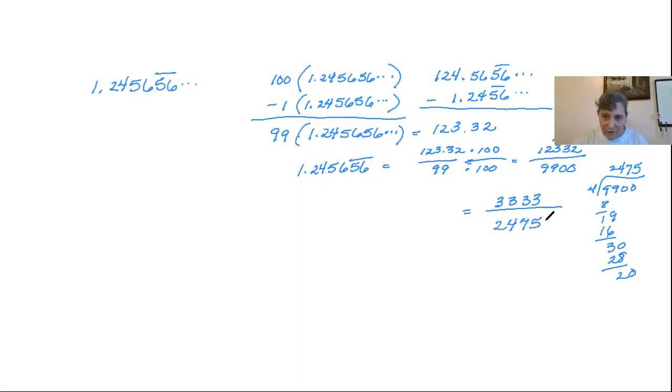Okay, this is larger than 1, but then this was larger than 1 too, so that makes sense. Let's see. These will both divide by 3, which would be 1111 over 2475 divided by 3, 825.